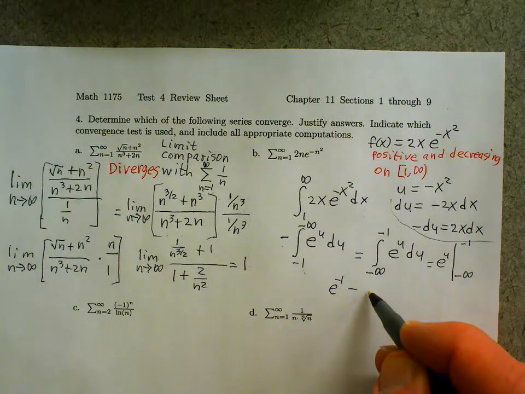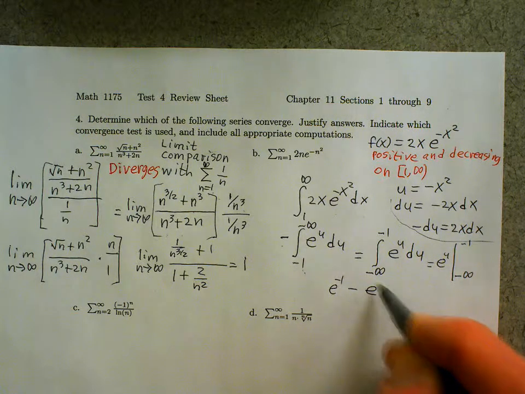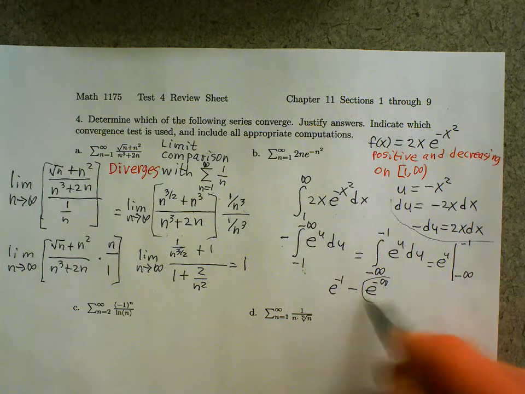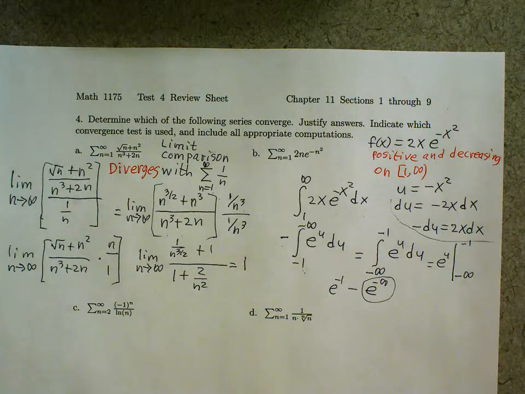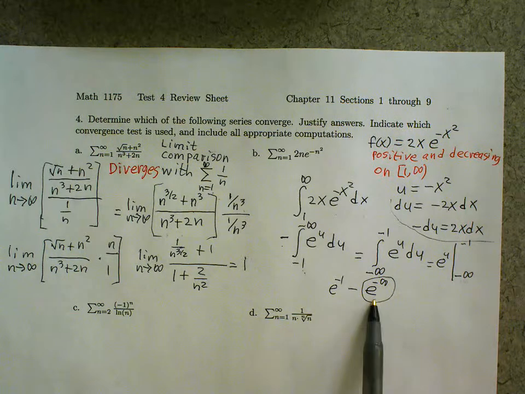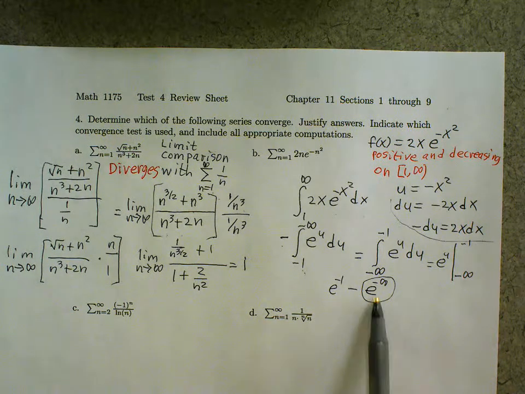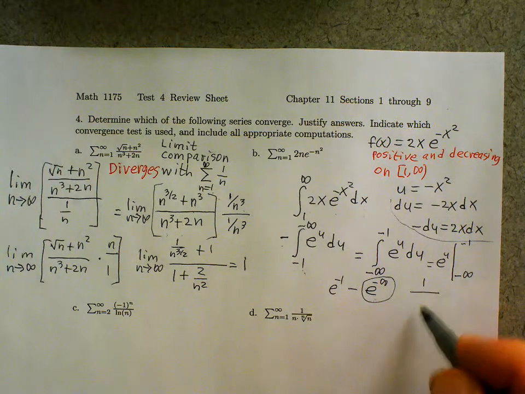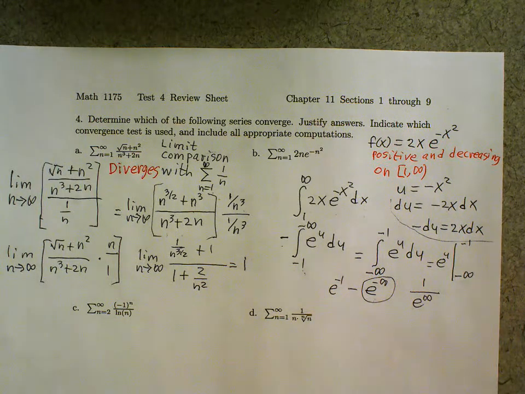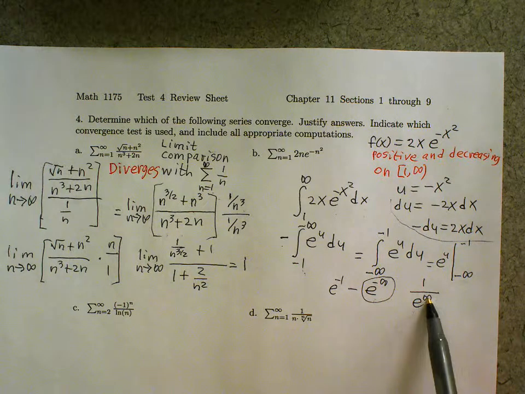I really shouldn't write this, but e to the negative infinity: what should I replace that number with? This is like 1 over e to the positive infinity. So e to the infinity is infinity, 1 over infinity is 0.